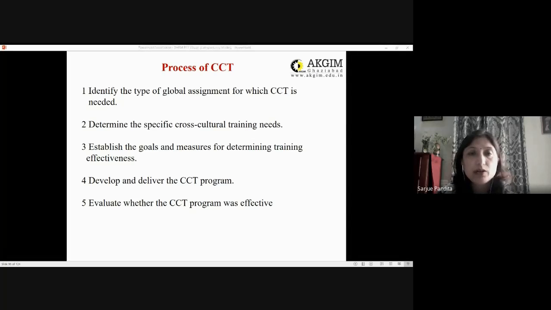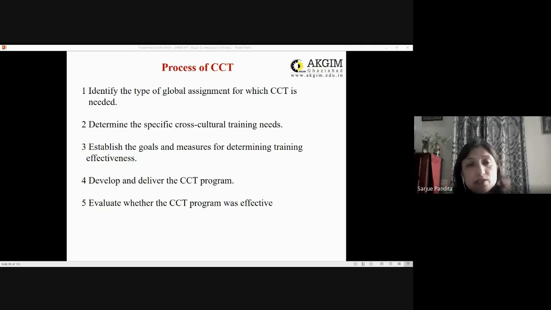When we talk about identifying the type of global assignment, the type of global assignment will lead to identifying with which intensity CCT has to be delivered. As we have already discussed, when you send an international assignee, you have 4 different motives: technical, functional, developmental, and strategic, categories on the basis of which you send an international assignee.